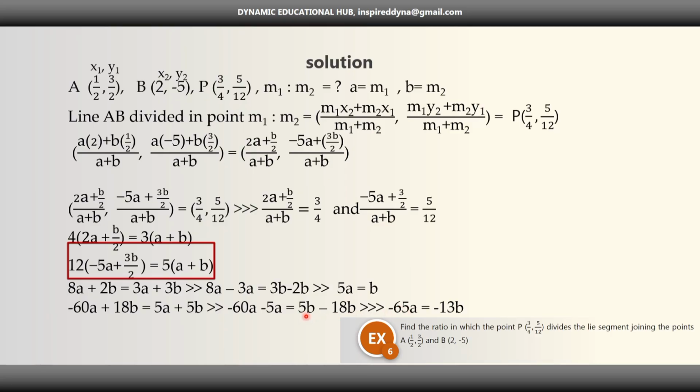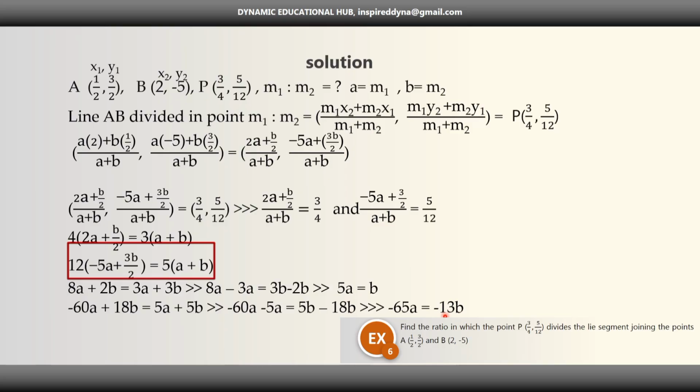Then 5B minus 18B, you have your minus 13B. Now we want to find the ratio, which is A and B. Since we are dealing with ratio, one of these should be sufficient for us to find the ratio. So you use 5A is equal to B, or you use minus 65A is equal to minus 13B.